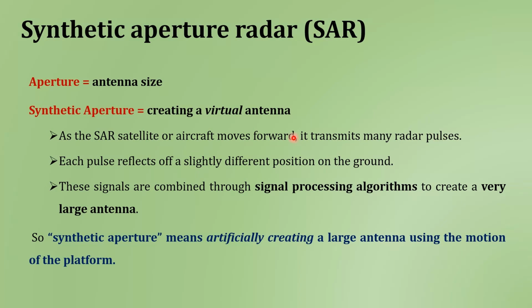Each pulse reflects from a slightly different position on the ground. The system receives the backscattered signal, and these signals are combined through a signal processing algorithm to create a very large antenna. So synthetic aperture means artificially creating a large antenna using the motion of the platform.